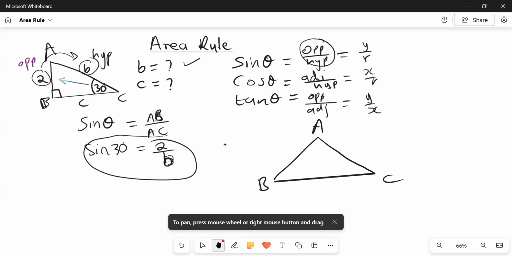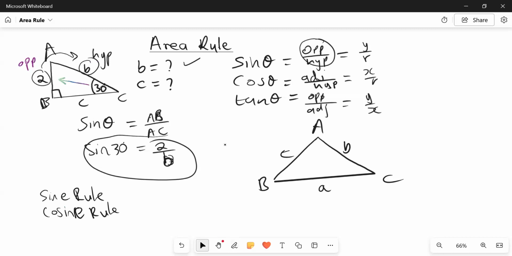What happens if they are looking for a certain side, but they give you a triangle which is not a right angle triangle? That's when we start using the sine rule or the cosine rule.